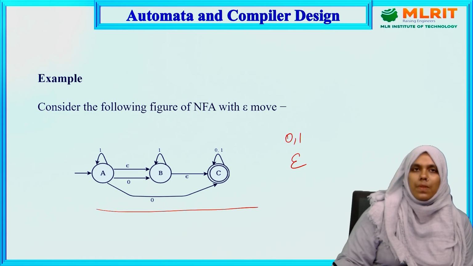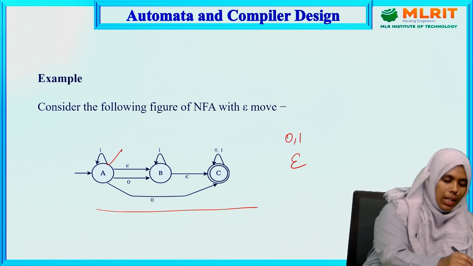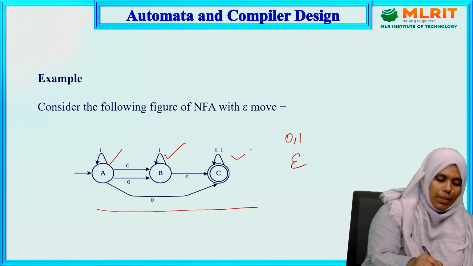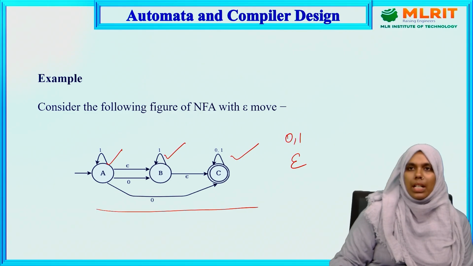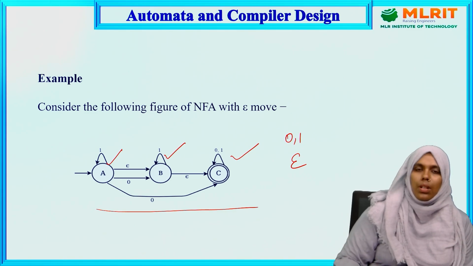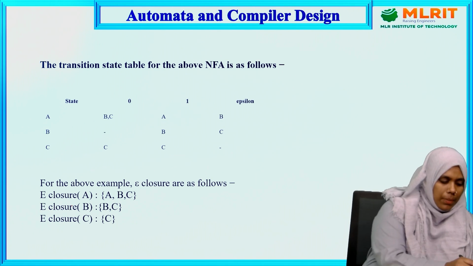Whenever we talk about the epsilon closure for a state, we have to find it for A, for B, and for C. We should not leave any state. We have to start from A to the end, C. Now, what is the epsilon closure of A?